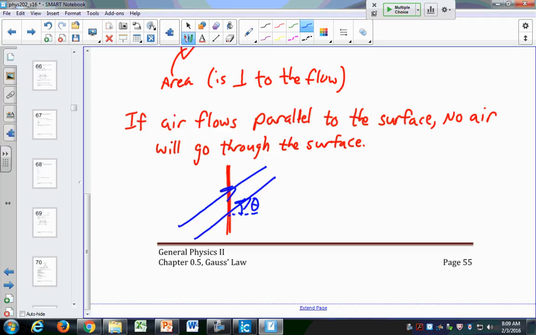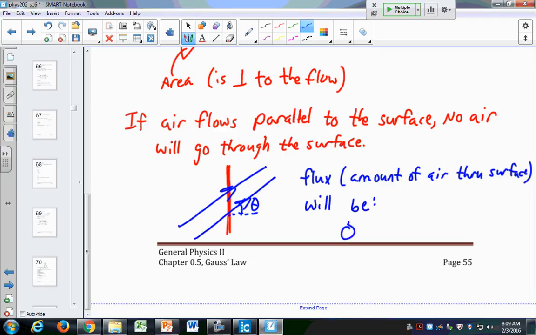Then the flux, which remember is the amount of air going through the surface, will look like this.